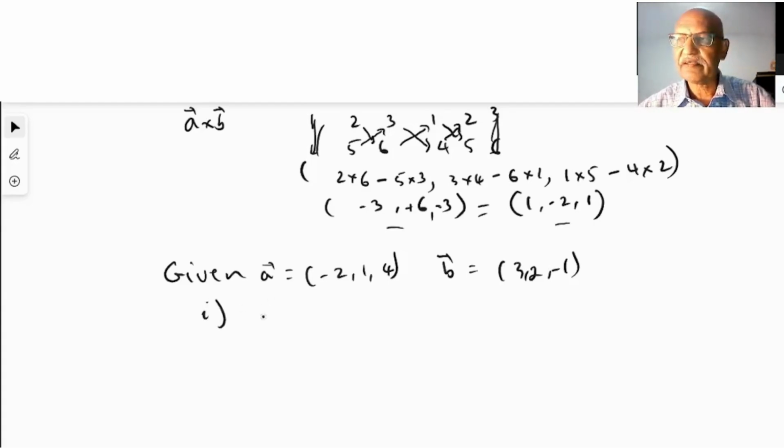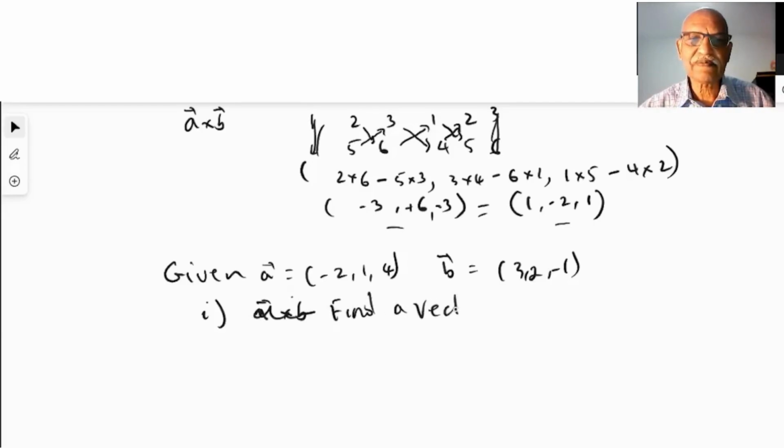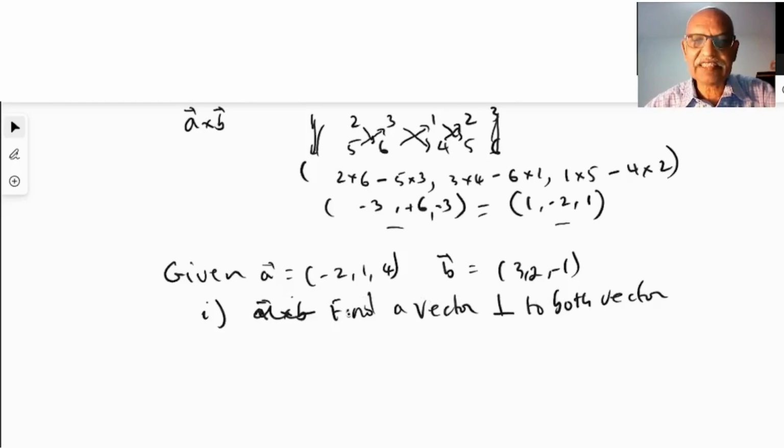First, let's find a vector perpendicular to both vectors. What does it mean? A vector perpendicular to both vectors will be A cross B. So A cross B is perpendicular to A and perpendicular to B. So I have to find A cross B.